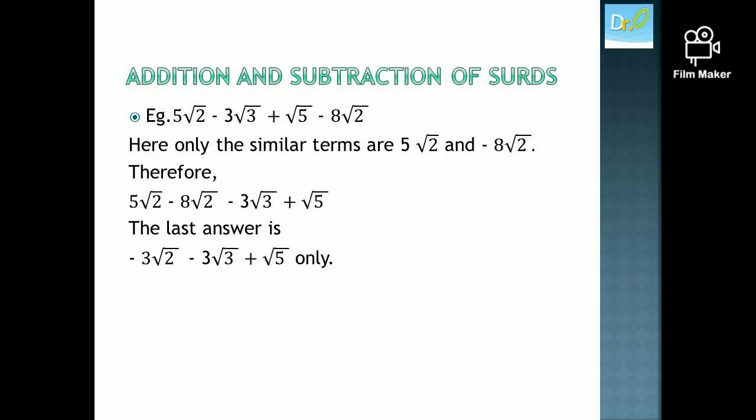Therefore, simplify 5 root 2 minus 8 root 2. Keep minus 3 root 3 and plus root 5 apart from this calculation. Then you can simplify 5 root 2 and minus 8 root 2, and write minus 3 root 2, and minus 3 root 3 and plus root 5.